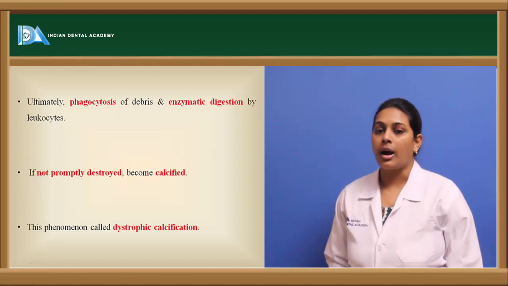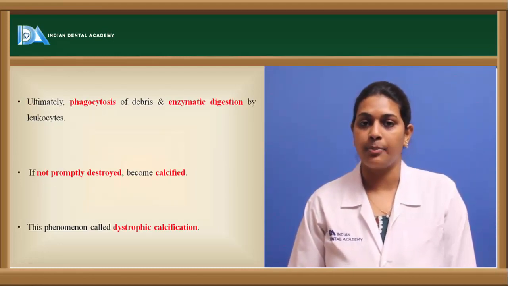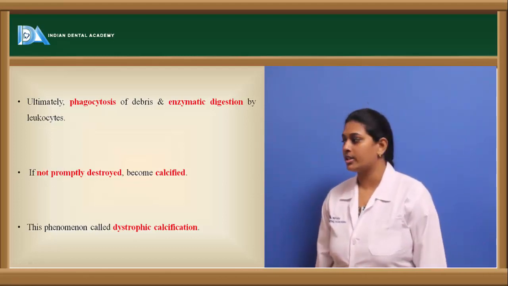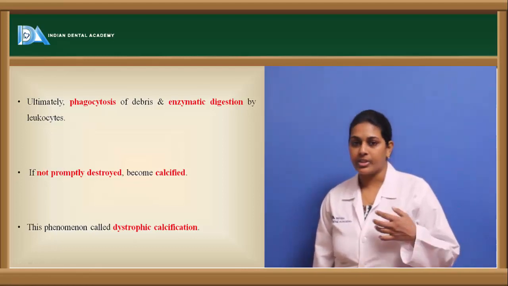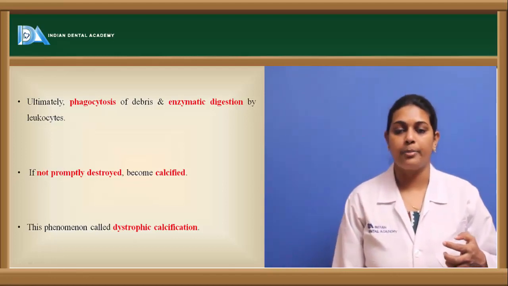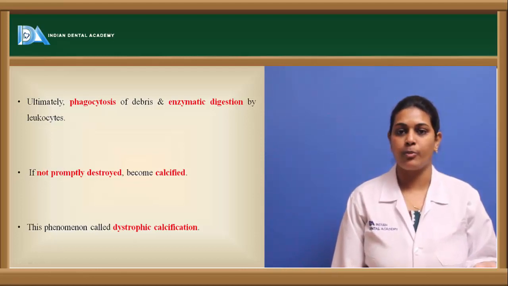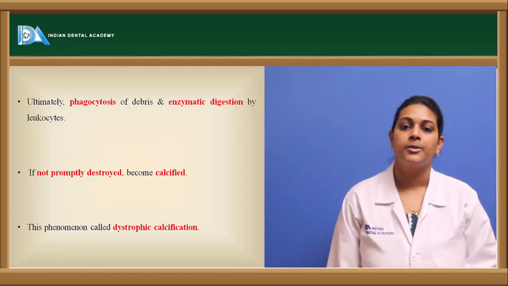So ultimately, coming to how the dead cells, that is the necrotic cells, are removed, it is by a process of phagocytosis. That is, a phagocytic cell starts engulfing the debris. That is, it takes up the cell. It eats the cell debris into it with the help of certain phagocytic enzymes, which have a property of attracting the cellular debris towards these phagocytic cells.